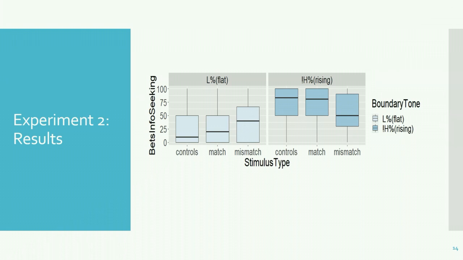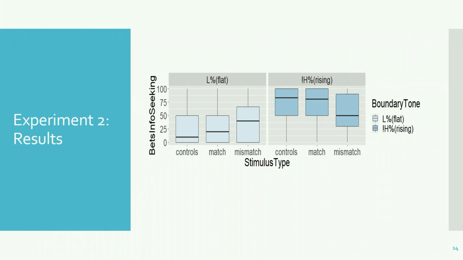Now, if we look at the right panel where we have the high boundary tone, we see no difference between controls and matches. And both controls and matches led to significantly higher bets than mismatches.